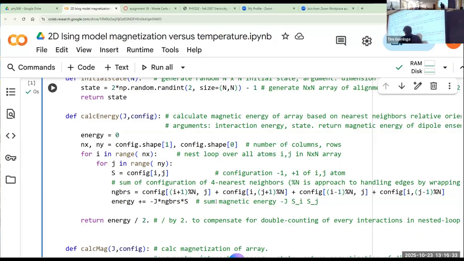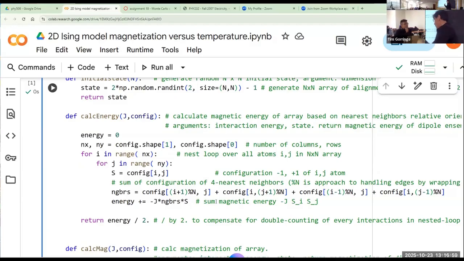So if you look at all these indexes on configuration, which contains the entire state, there's I +1, J, there's J +1, I, there's I -1, J, and there's J -1, I. So those are the 4 referring to the 4 nearest neighbors.